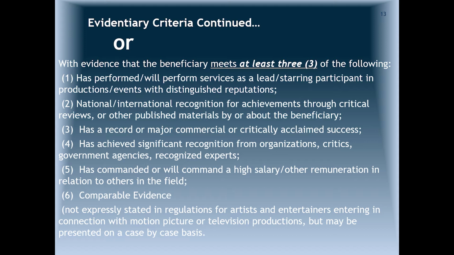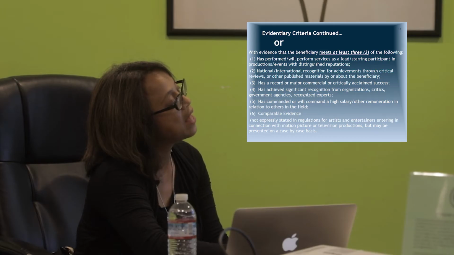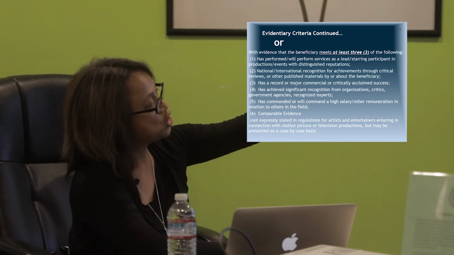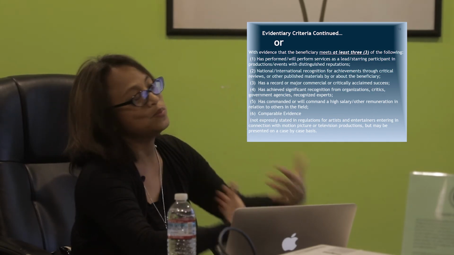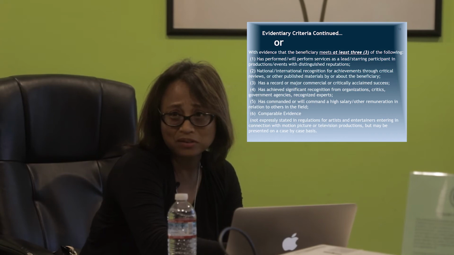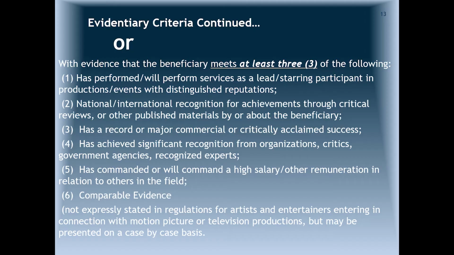Number 4 is whether the person has significant recognition from organizations, critics, government agencies, or recognized experts. And generally, that evidentiary criterion, you show it through recommendation letters, mostly. Number 5 is evidence that the person has commanded or will command a high salary. And then there is a last one that is sort of comparable evidence.